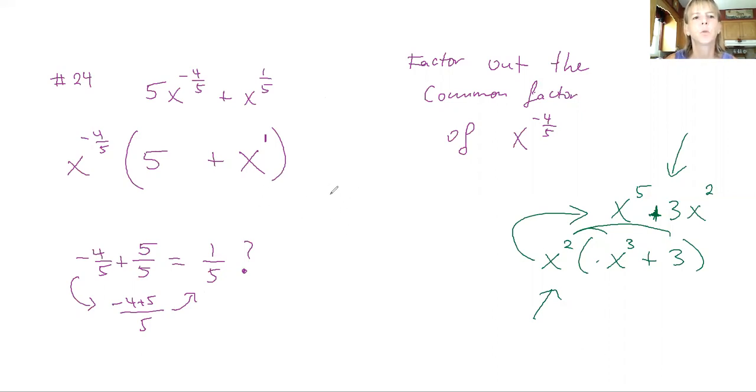Because 5/5 equals 1. This one's a little tough because you have to get creative and think around it. So your final answer would be x to the negative 4/5 times 5 plus x, and you wouldn't put a 1 as an exponent.